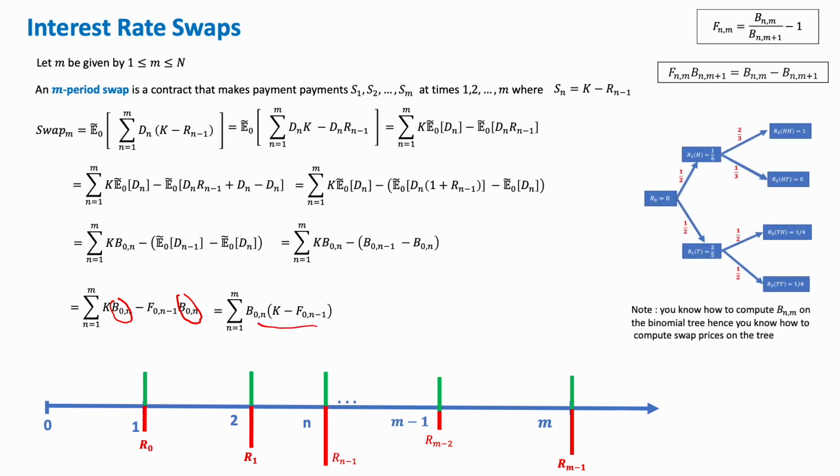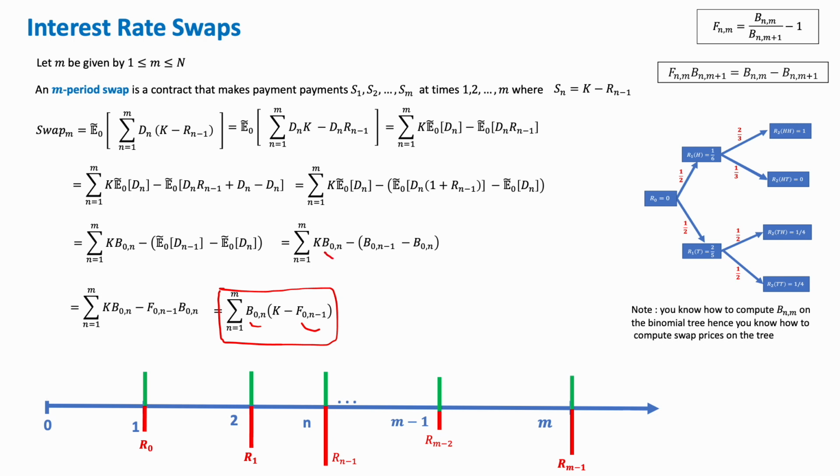Okay, so one thing that's interesting: we saw before on this binomial tree that we're able to price all these zero coupon bonds that we wanted. And it turns out that when we look closely here, we were not only able to price zero coupon bonds, we were also able to price forward rates, right? And what we're seeing here is that the swap is nothing but a linear combination of zero coupon bonds and forward rates.